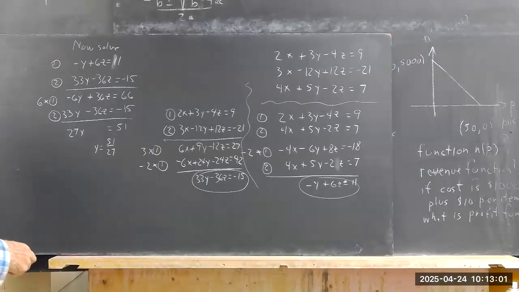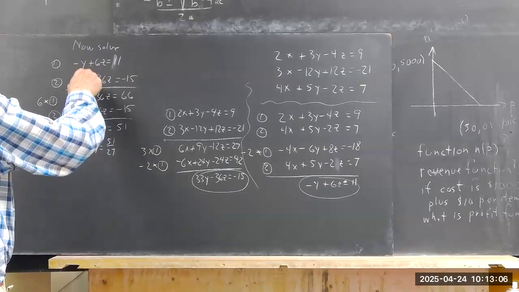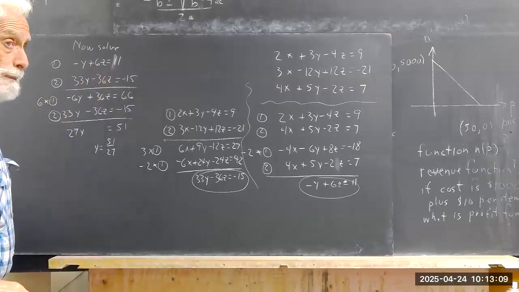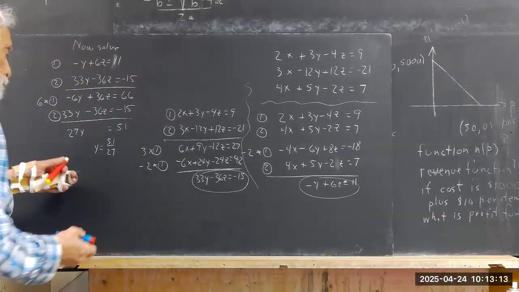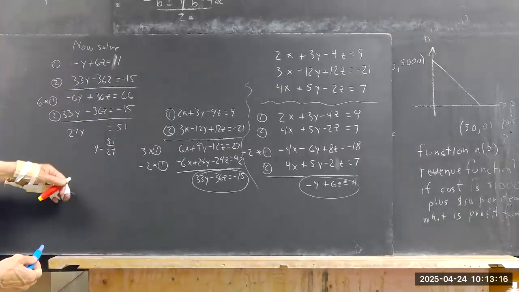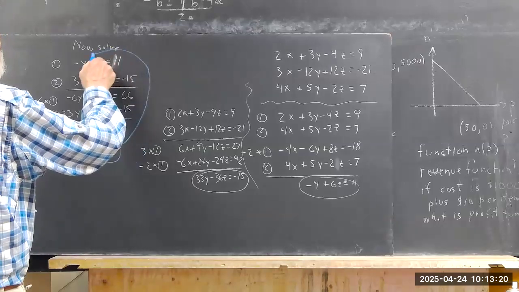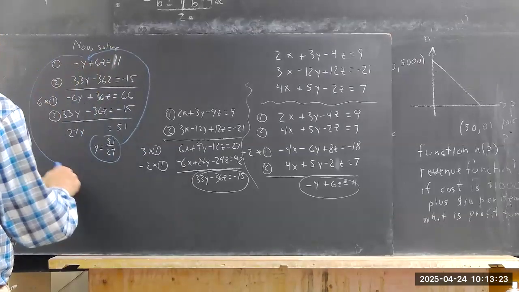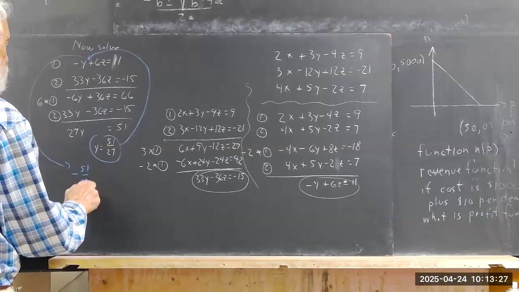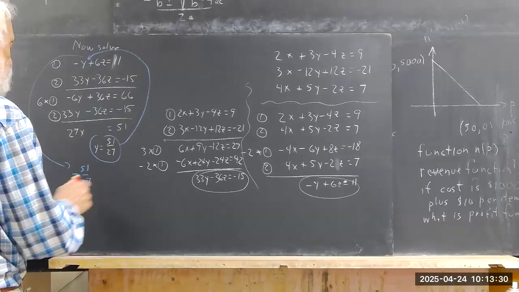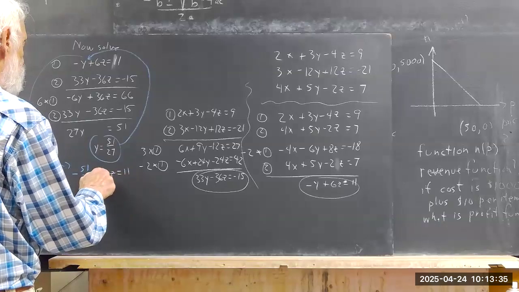Now we can plug that into either of these equations to get the value of z. I'm just going through this because I'm assuming everybody knows how to solve two equations. That gives us the equation -51 over 27 plus 6z equals 11.